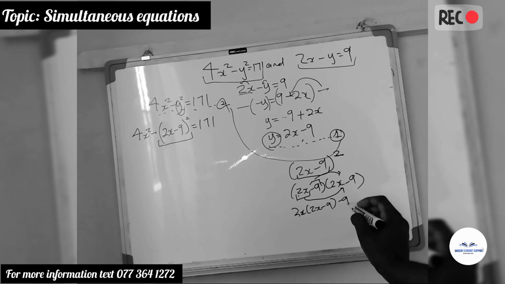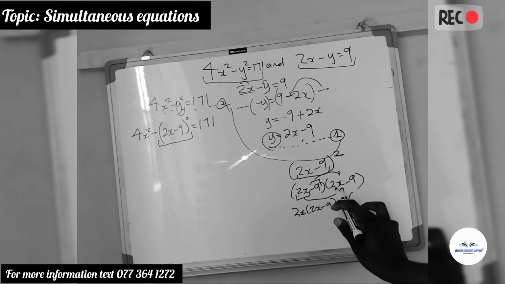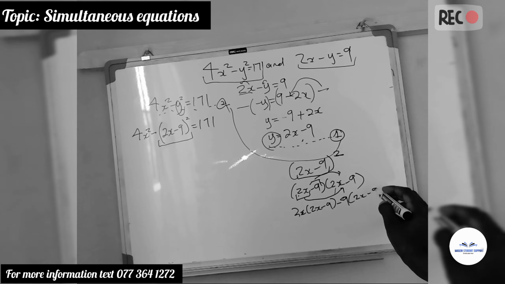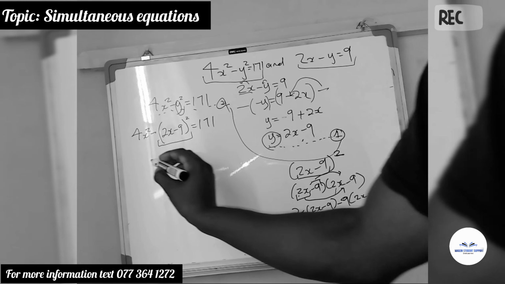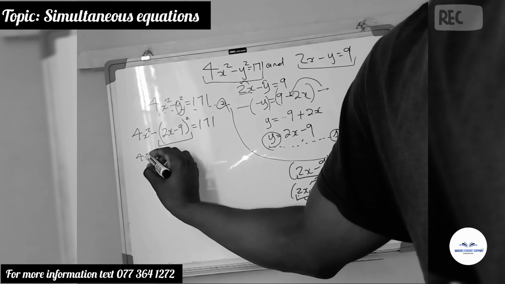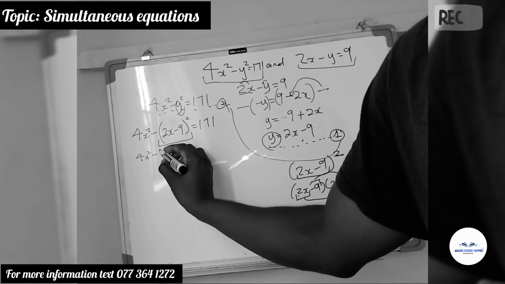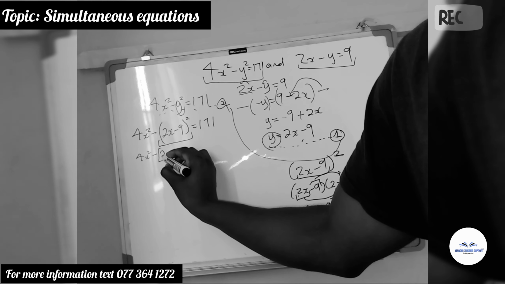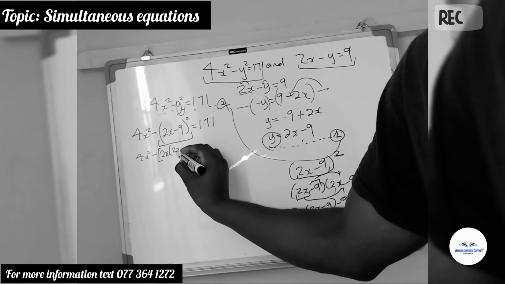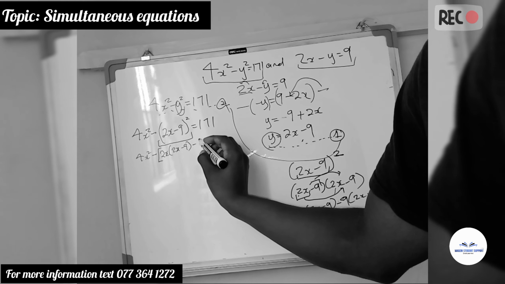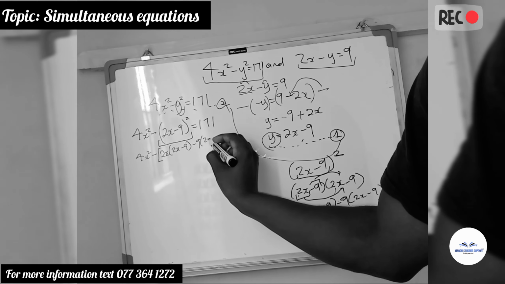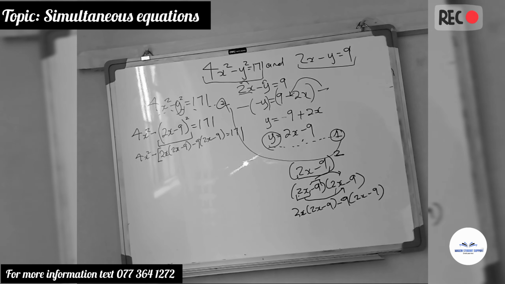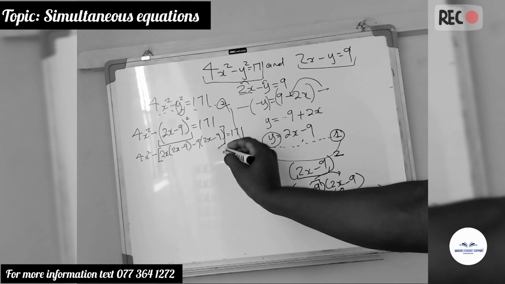You take minus 9, you multiply 2x minus 9. So we put it here: minus, 2x open bracket 2x minus 9, open bracket 2x minus 9, is equal to 171. So we put this bracket there.